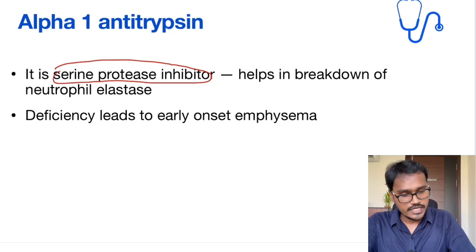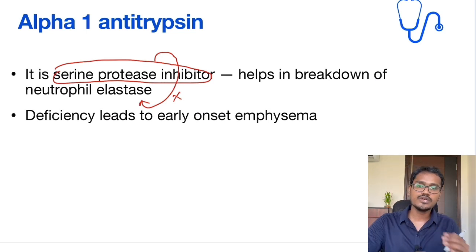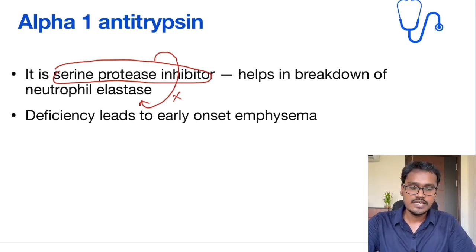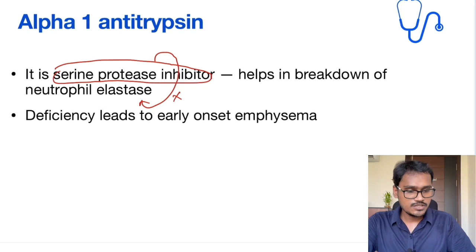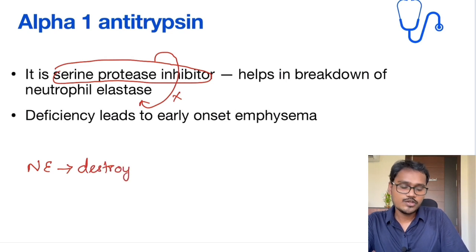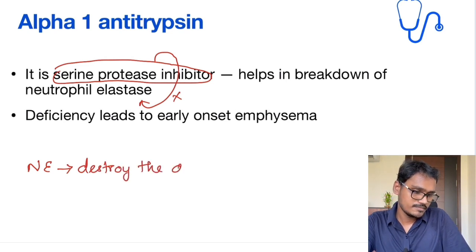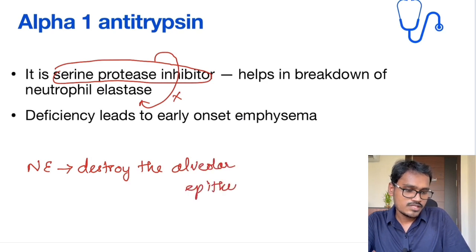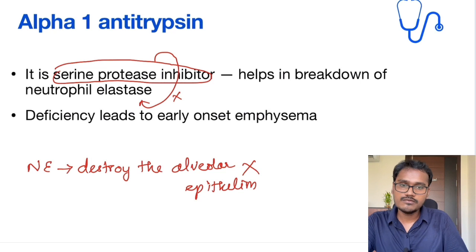What it does is, it usually goes and inhibits a substance called neutrophil elastase. It is going to destroy the neutrophil elastase. If it is not destroying this neutrophil elastase, normally what this neutrophil elastase will do is, it will go and destroy the alveolar epithelium. Once it destroys the alveolar epithelium, what will happen?